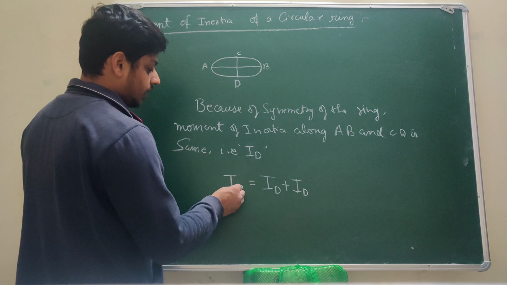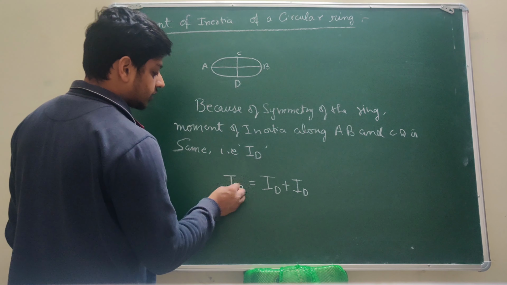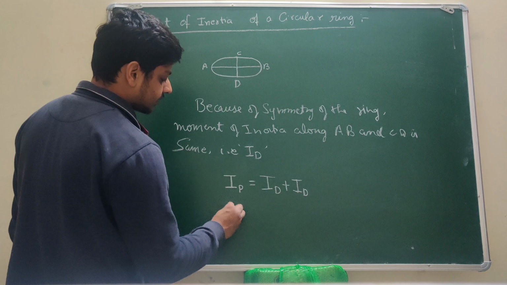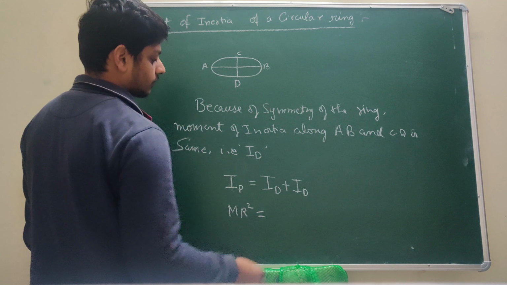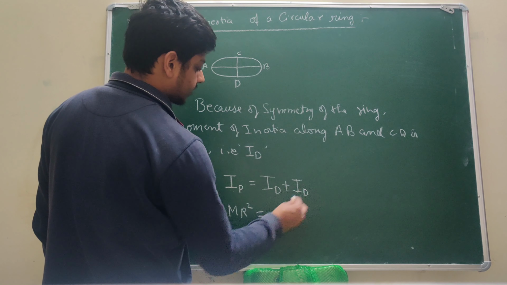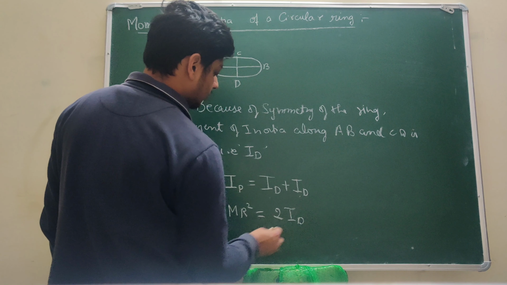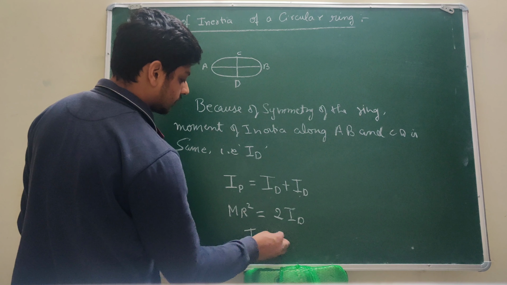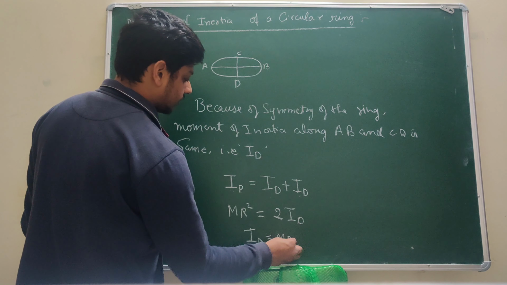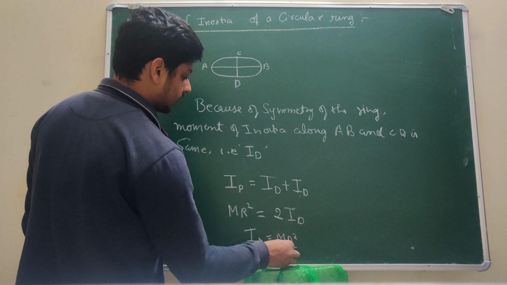So from here we know that the moment of inertia along the perpendicular axis is M r square, and ID plus ID is 2 ID. So from here ID is equal to M r square by 2.